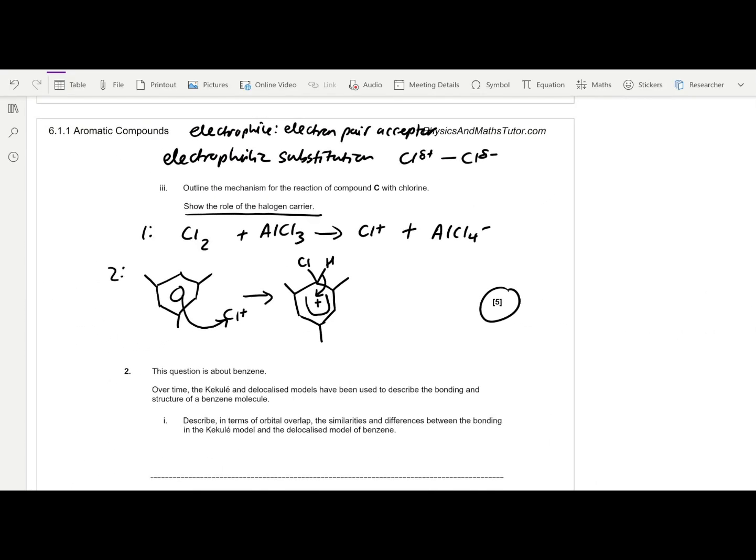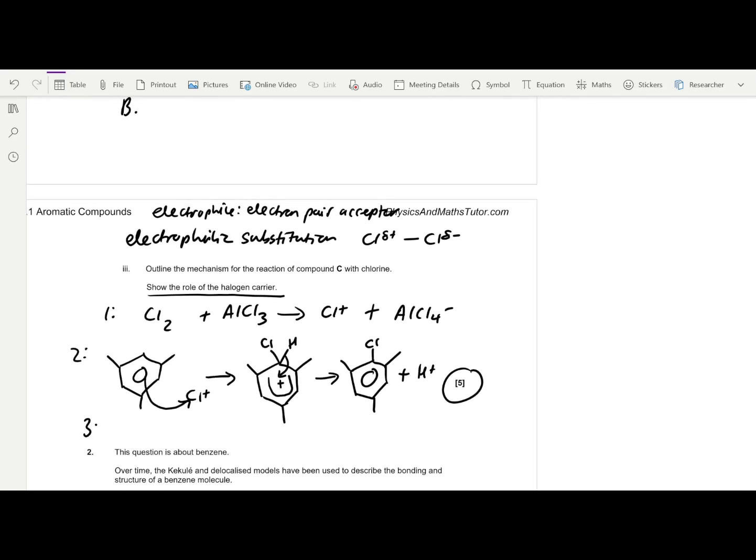The electrons in this bond are going to attack the positive charge, and we lose that as a hydrogen ion. This is the final step of this section of the mechanism. We just leave our chlorine group on there, then our side chains and our H+.